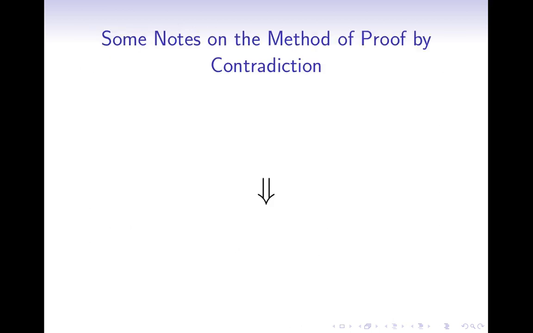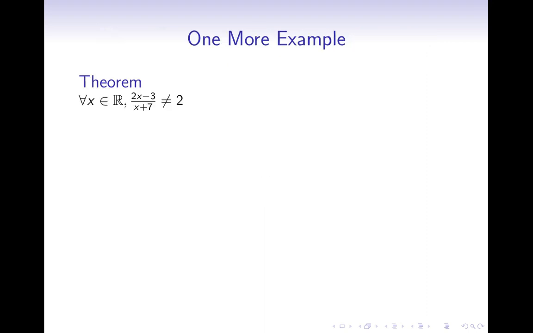And now we want to look in a little bit of detail at the method of proof by contradiction. Going to try one more example. So we're going to prove that for every real number x, the fraction 2x minus 3 divided by x plus 7 is not equal to 2.